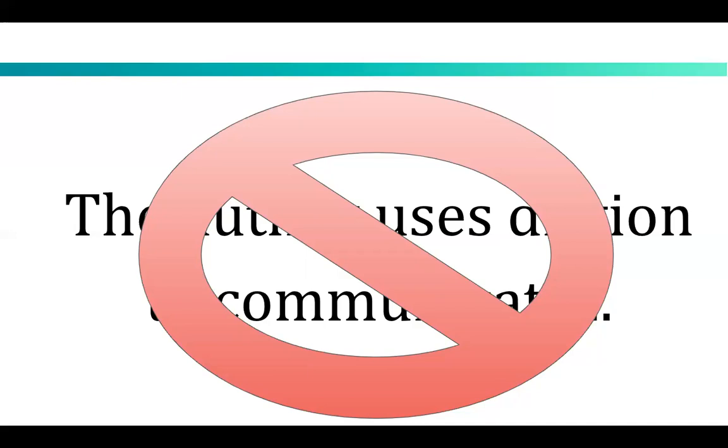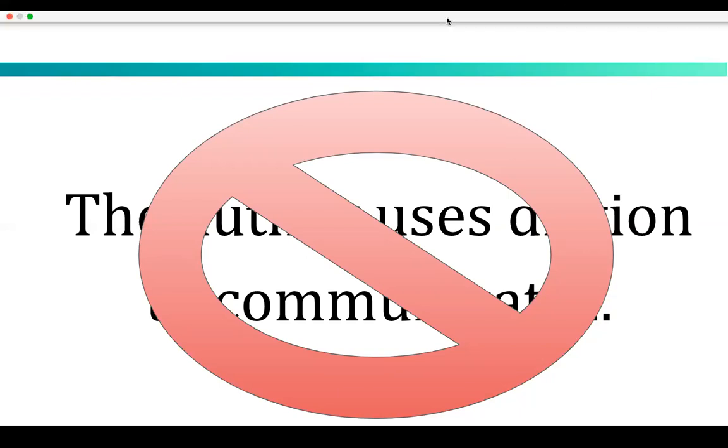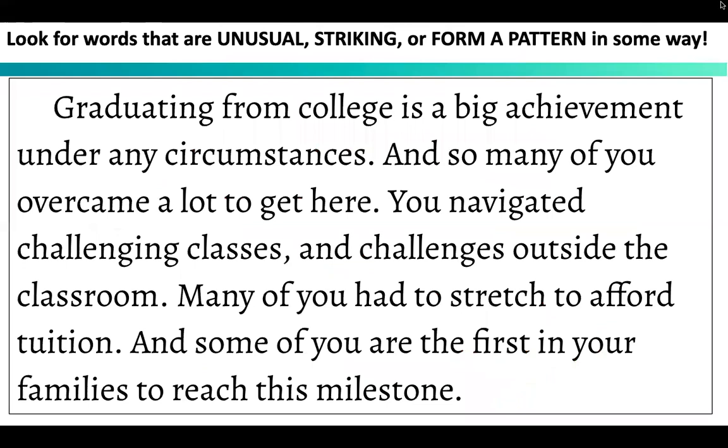So I'm going to talk through right now how to choose words for your examples of diction that are really interesting. So I've gone ahead and pulled out one of the paragraphs from Obama's speech that you wrote your essay about last week. Now, when I'm thinking about writing about an author's diction or word choice, I'm looking for words that are unusual, striking, or that form some sort of a pattern.